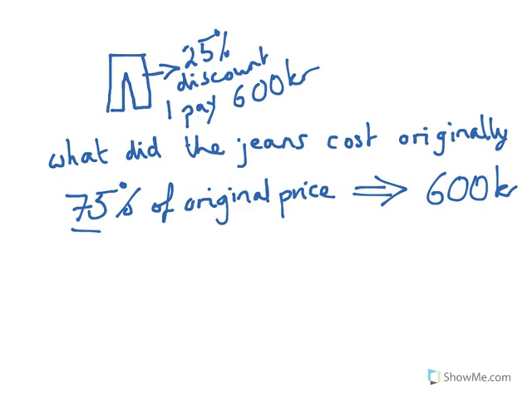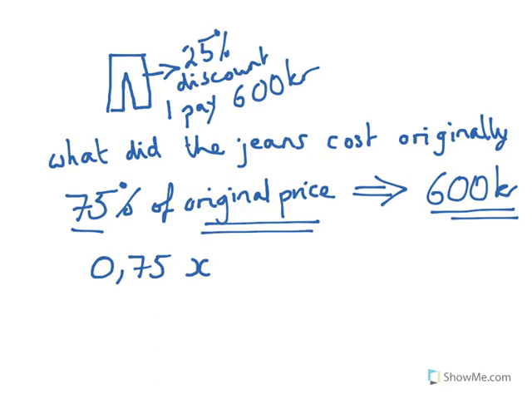We don't know what the original price was, but we do know that 75% is the same as 0.75. We don't know the original price, so let's use the algebraic term x. 0.75 of the original price equals 600 kronas.